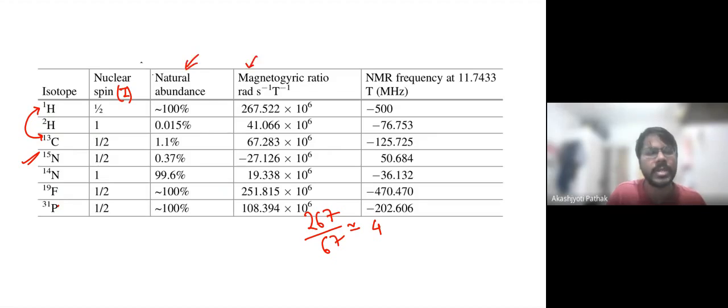All these three properties are very important properties which make a nucleus NMR active. The greater the natural abundance and the higher the magnetogyric ratio, the better the absorbance values such nuclei will have, and we will get very sharp peaks for such nuclei.